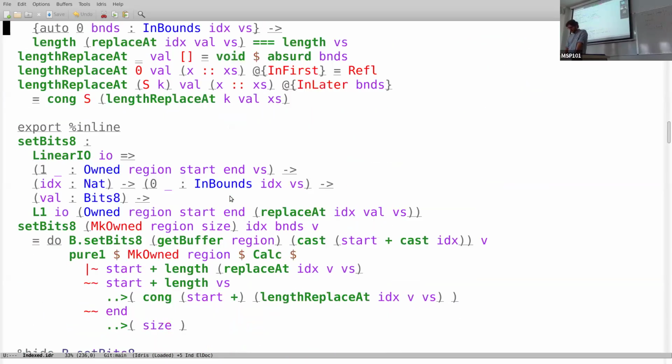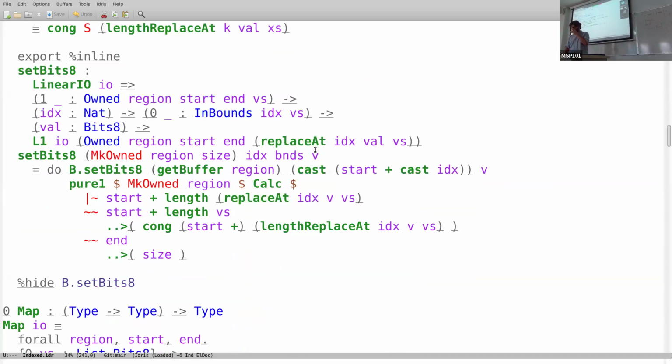Then we can also set values somewhere. It's essentially the same logic. If you own a slice of the buffer and the index is in range for that slice, then you can set a specific byte somewhere in the buffer.